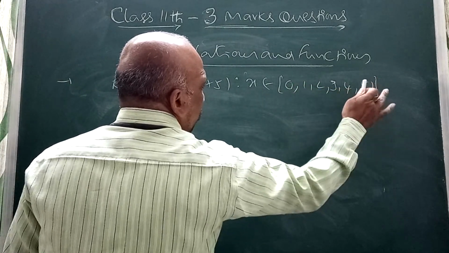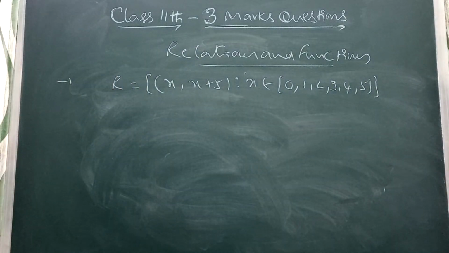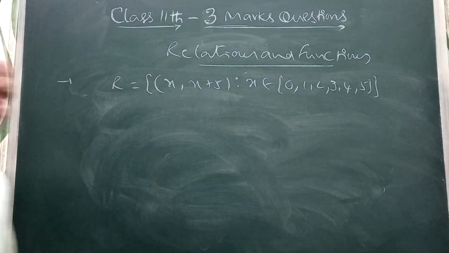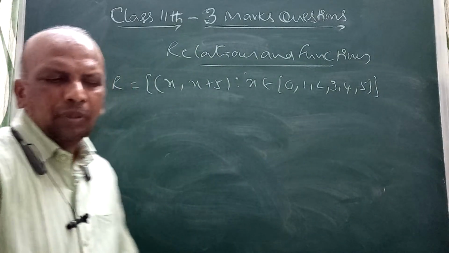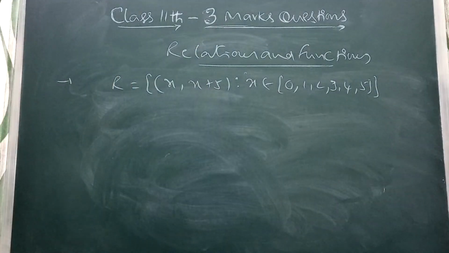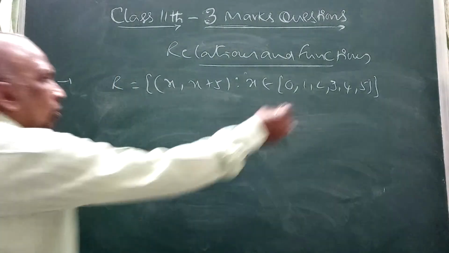So the relation is (x, x plus 5), where x is 0, 1, 2, 3, 4, 5. They're asking to write this in roster form, and write the domain and range.